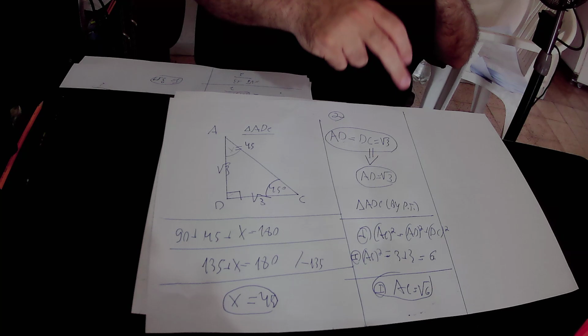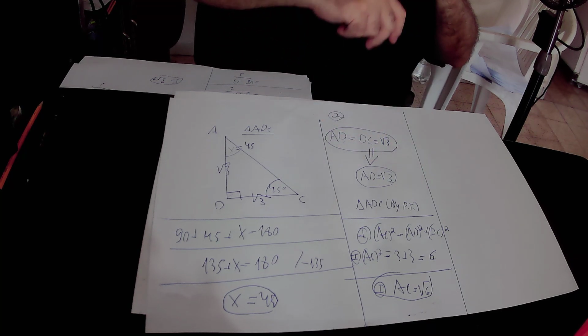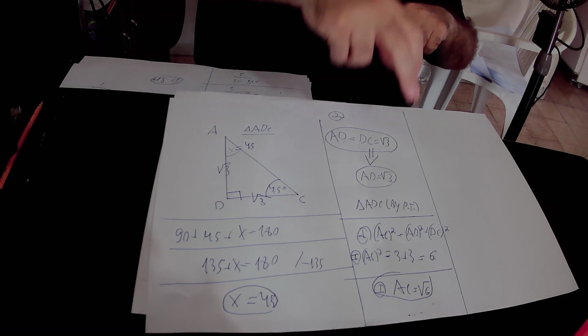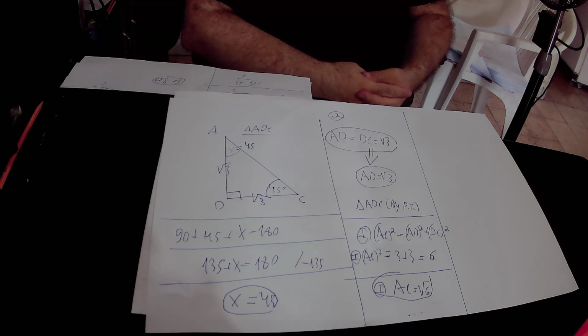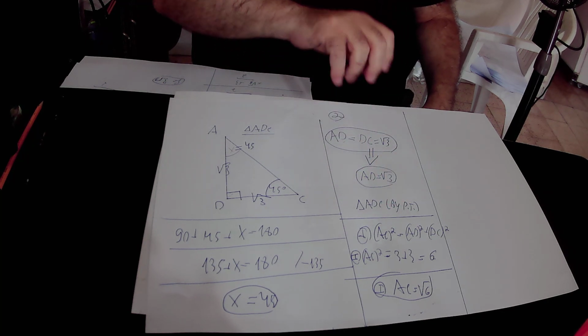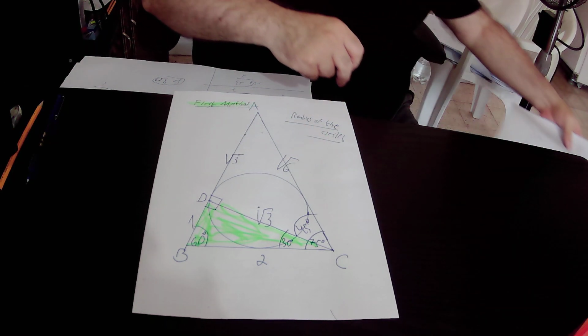DC is square root of 3, so DC squared is also 3. So AC squared equals 3 plus 3, which is 6. Taking the square root, we find that AC equals the square root of 6 units.